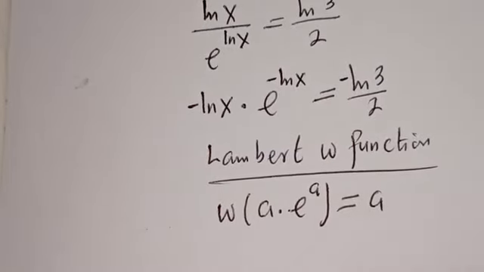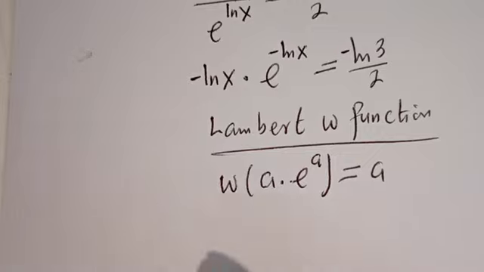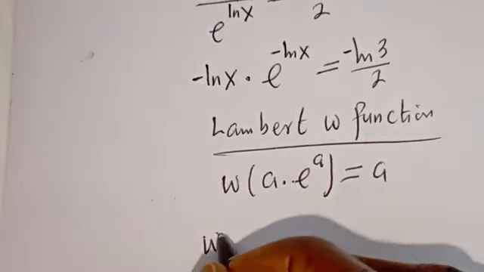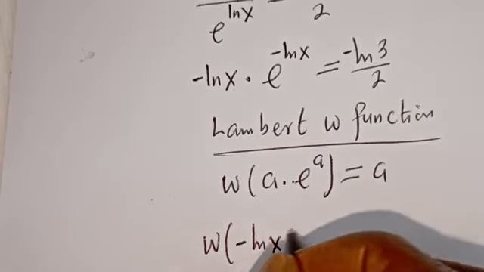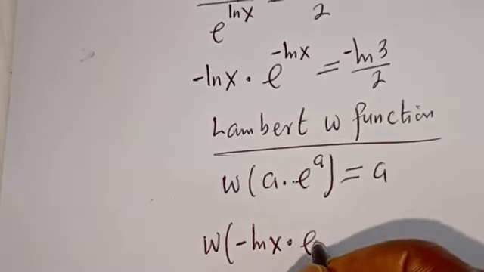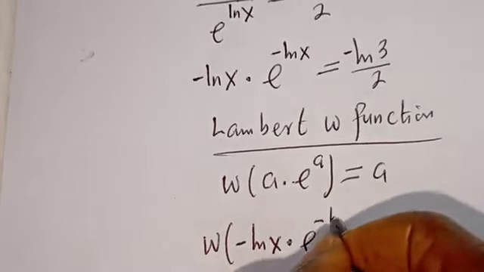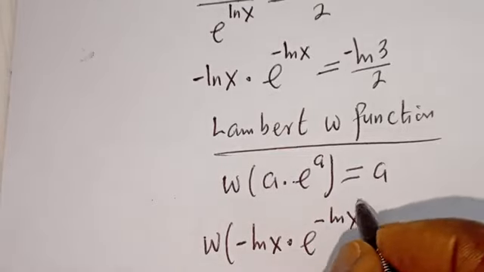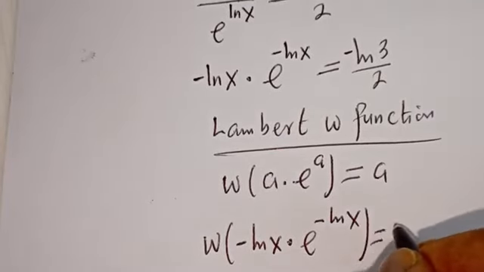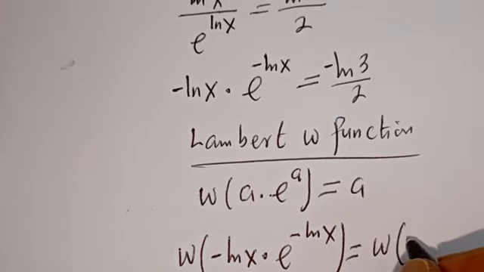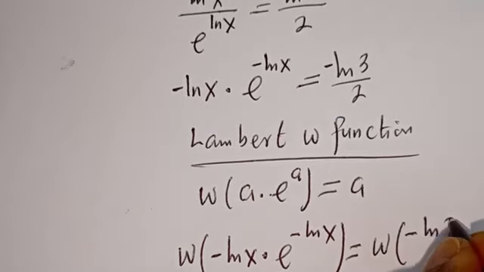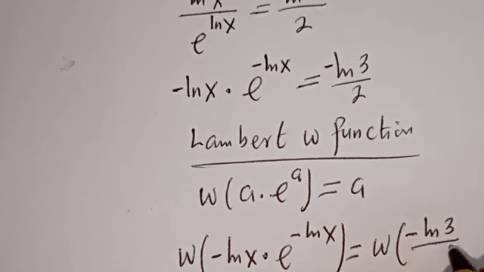So we have W bracket minus ln of x multiplied by e to the power of minus ln of x is equal to W bracket minus ln of 3 divided by 2.